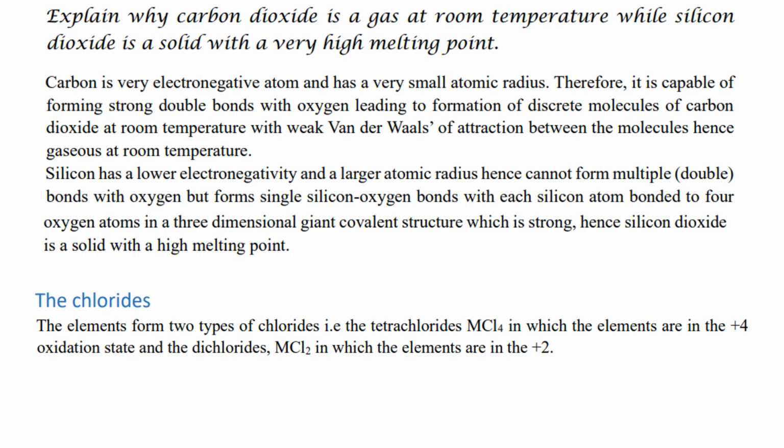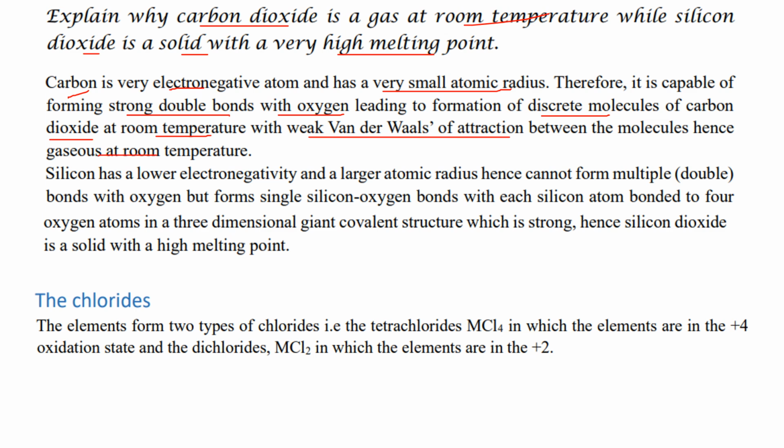Now going to some explanations, we are going to explain why carbon dioxide is a gas at room temperature while silicon dioxide is a solid with a very high melting point. So starting with carbon dioxide, we are going to be saying that carbon is a very electronegative atom and has a very small atomic radius, and therefore it is capable of forming strong double bonds with oxygen, leading to formation of discrete molecules of carbon dioxide at room temperature whose forces of attraction between them are weak van der Waals forces of attraction, and therefore it is going to exist as a gas at room temperature.